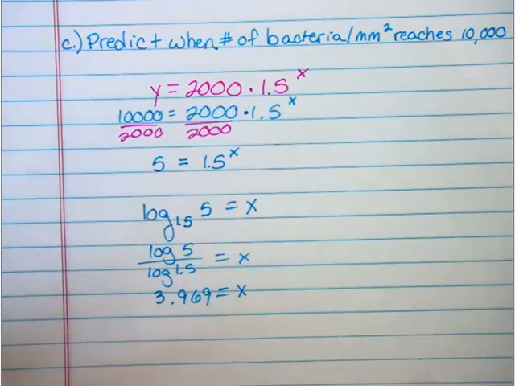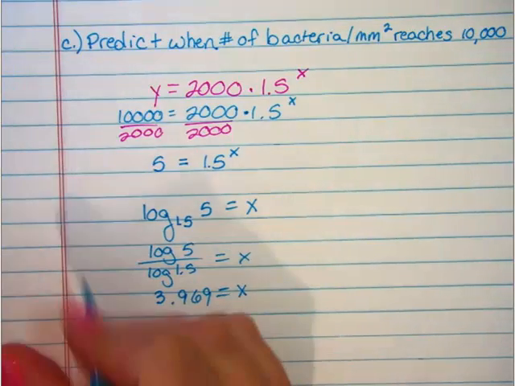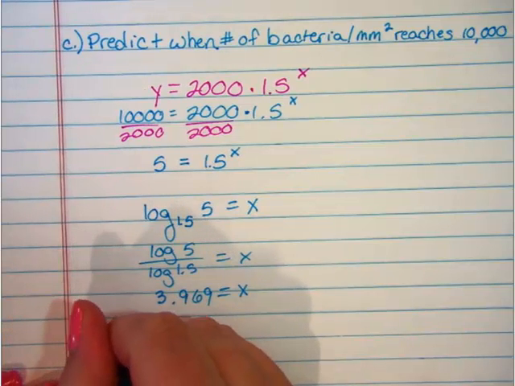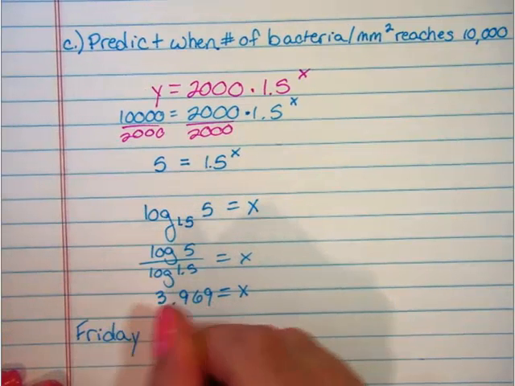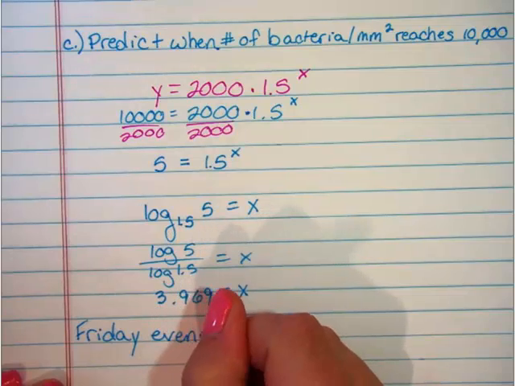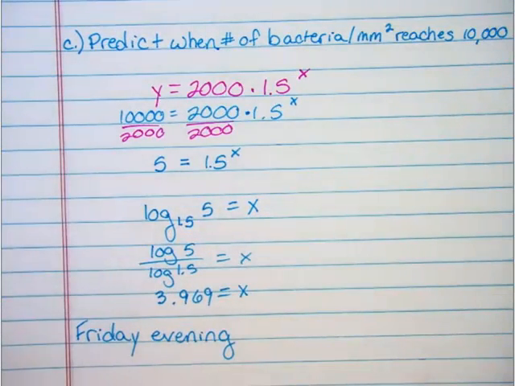So now I have to figure out what this actually means. It's not quite 4. So it's 3.969 days after Tuesday, which means Friday evening. And if you really wanted, you could figure out the exact time if we started this, say, at midnight on Tuesday.